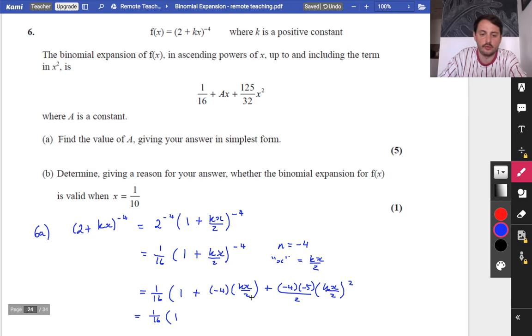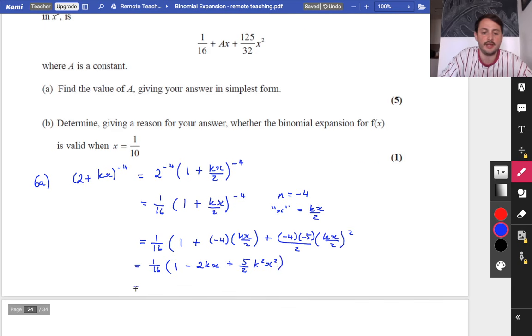I've got minus 4 multiplied by kx over 2. Well, that's just going to be minus 2kx, okay? And then here, it's clearly going to be a positive. So I've got 20 divided by 2 and then divided by 2 squared. So that's 20 divided by 2 divided by 4, which is 5 over 2. And it's going to be a positive 5 over 2. Careful with this, you're squaring it. k squared, x squared.